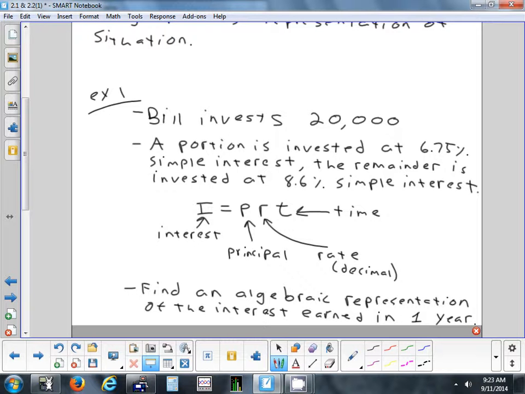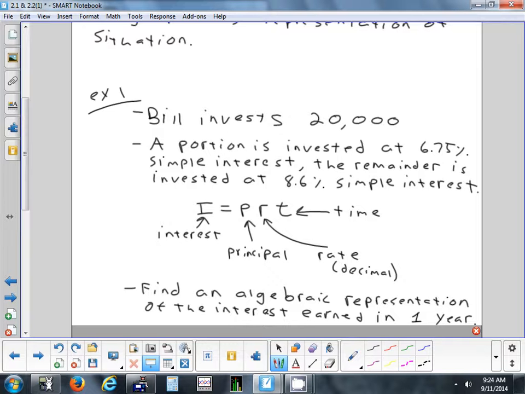So first thing I want to do is find an algebraic representation of the interest that he's going to earn in 1 year. I'm going to find an equation that represents how much interest he's going to earn in 1 year. And what this formula is going to do is it's automatically going to take into account if he invests a certain amount at 6.75 and then the rest at 8.6.